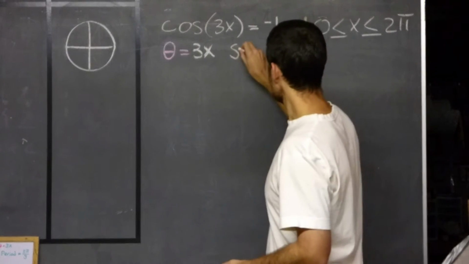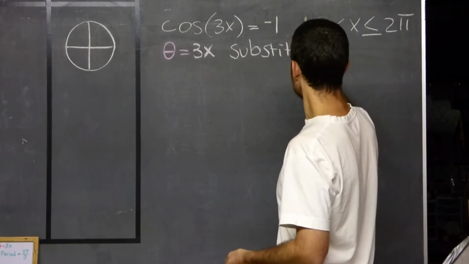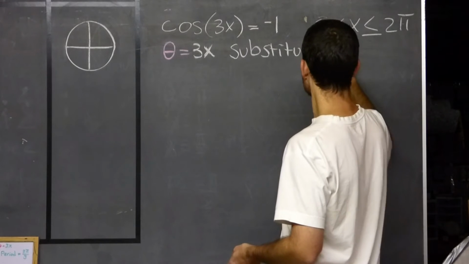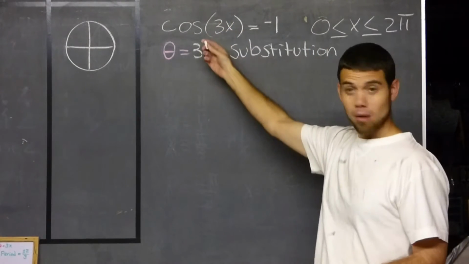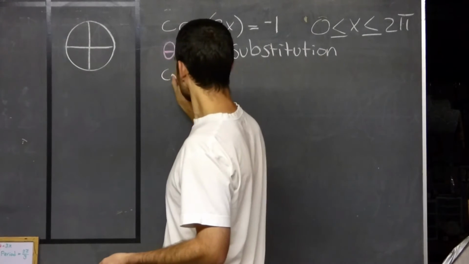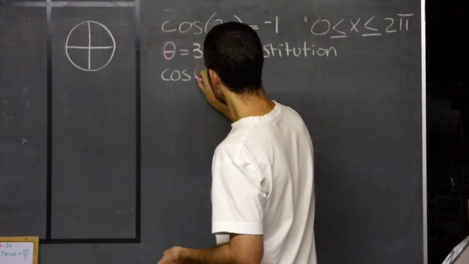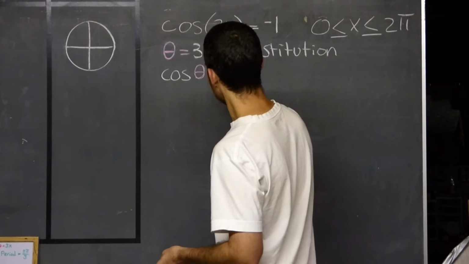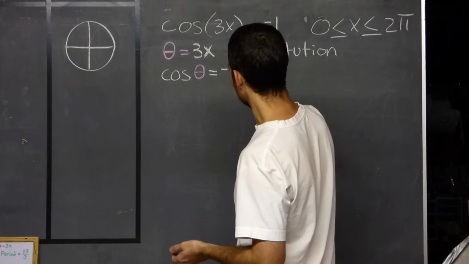This is a substitution. And now we can rewrite our original problem. The cosine of theta equals -1.